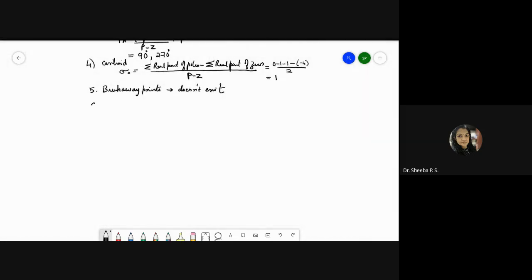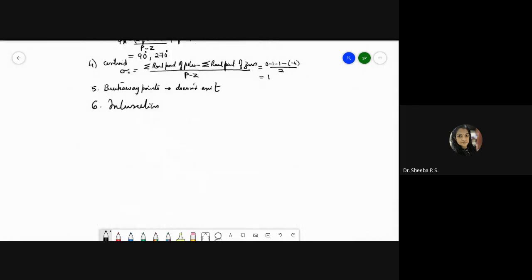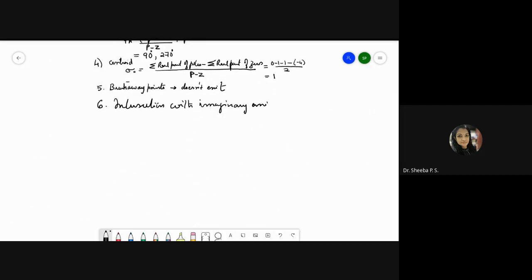Then sixth point, it is intersection with imaginary axis. How will you find that? Intersection with imaginary axis we will be finding by dk by ds is equal to 0.